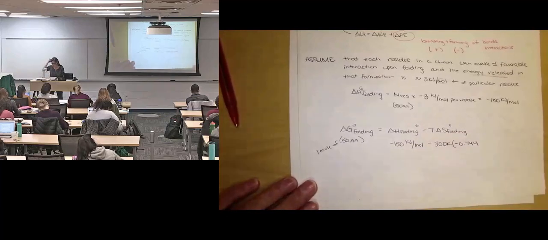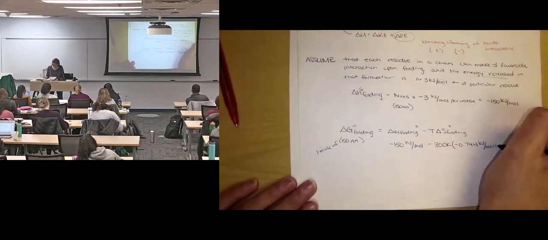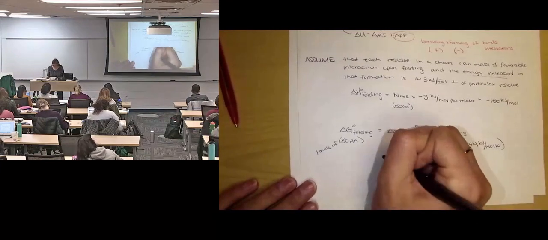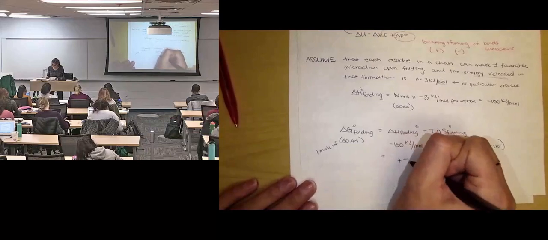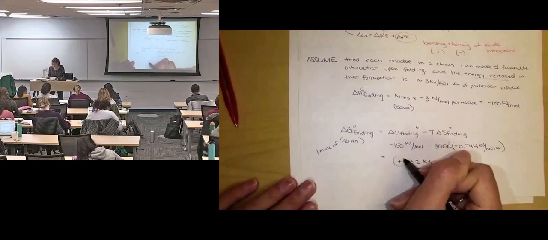Last time it was 744, in joules. This is now in kilojoules per mole Kelvin. Kelvins drop out. If you do this math, you get positive 73.2 kilojoules per mole.